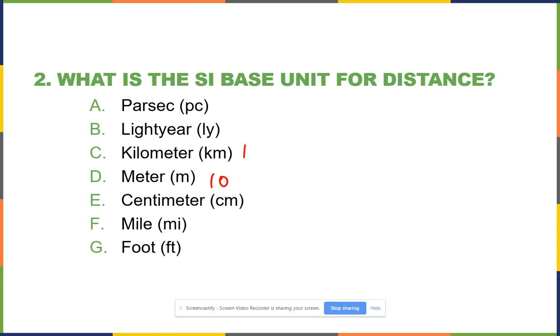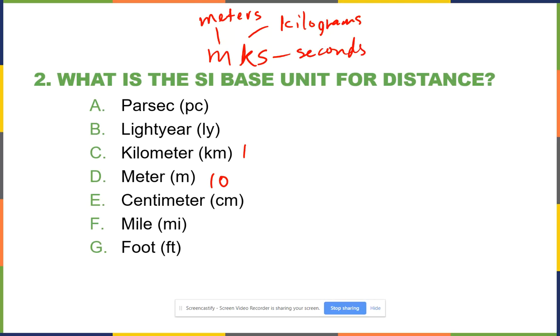For distance, the meter is the standard. Hot tip, we use the MKS system. That stands for meters, kilograms, seconds. So it doesn't take someone with a super large amount of knowledge to be able to say, oh, that's the one that M stands for, except for mile is there as a distractor.